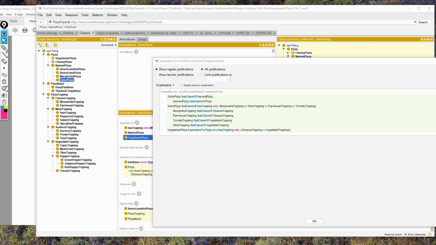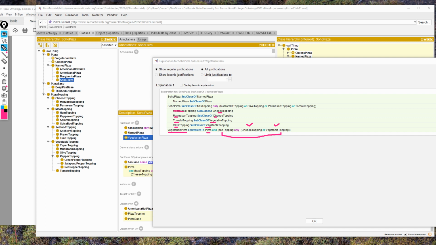If you just look at this briefly, you know that mozzarella topping is cheese topping, and the Parmesan topping is cheese topping. The tomato topping is vegetable topping. The olive topping is vegetable topping. So the vegetarian pizza is equivalent to pizza, and all have either cheese or the vegetable topping, right? So this is how they come up with this classification.